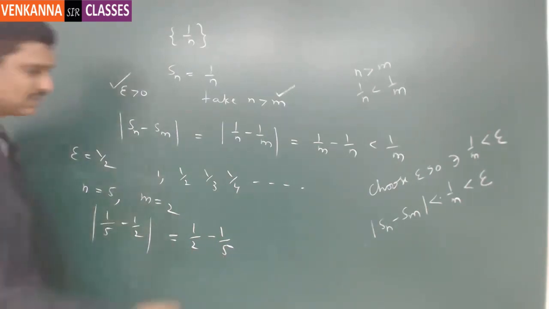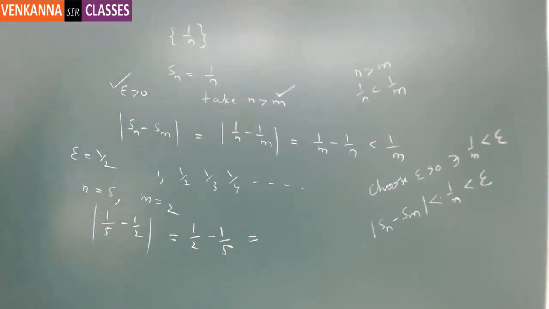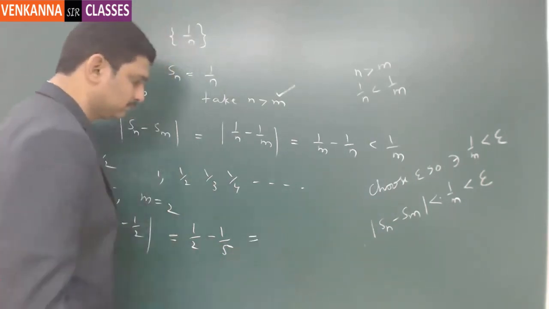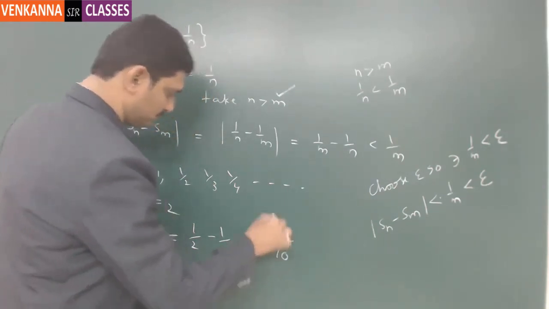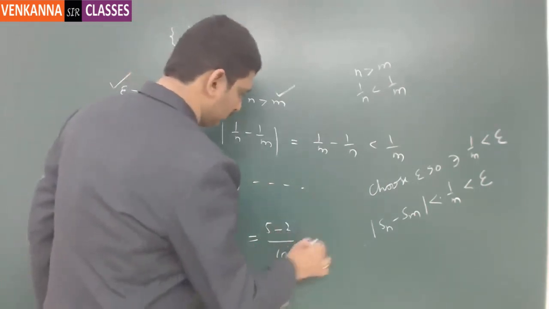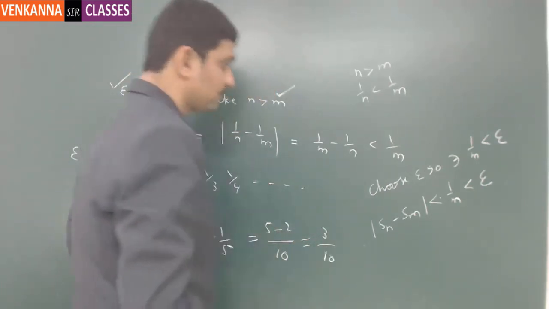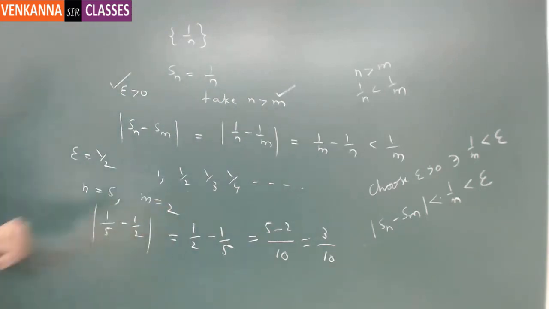If you simplify this, what is the value? 0.3, which is 3 by 10. Yes or no? So this is 3 by 10.